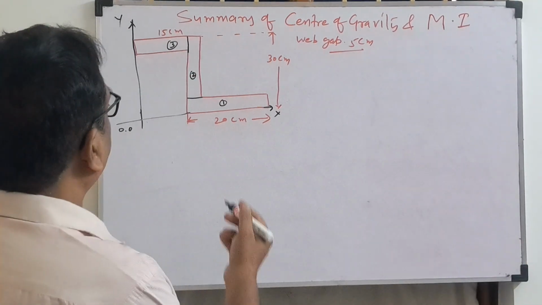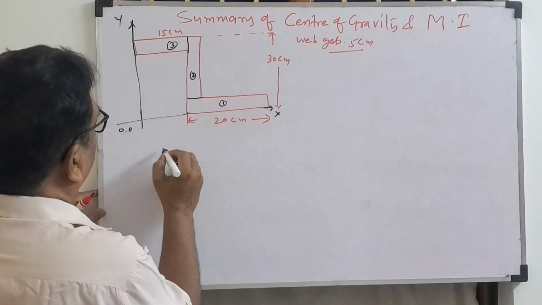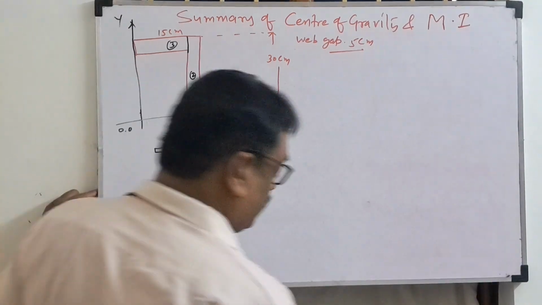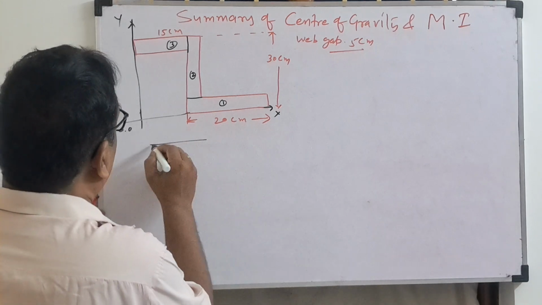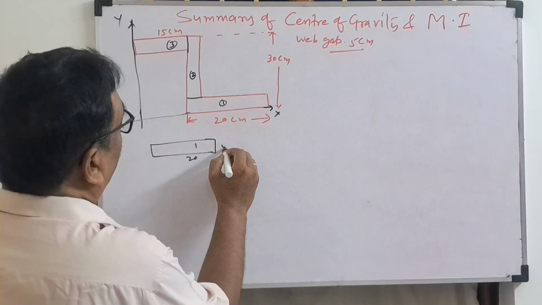Now what is our work? You take out all the sections, it will be easy for us. Suppose I take the first section: it is 20 and 5.